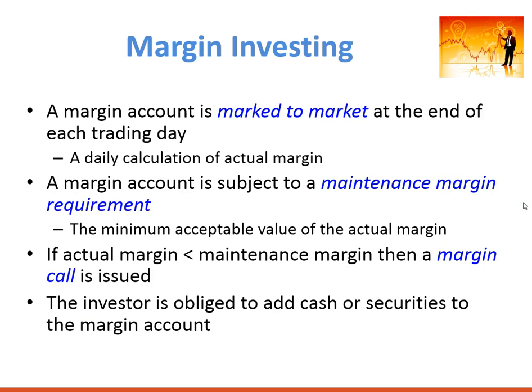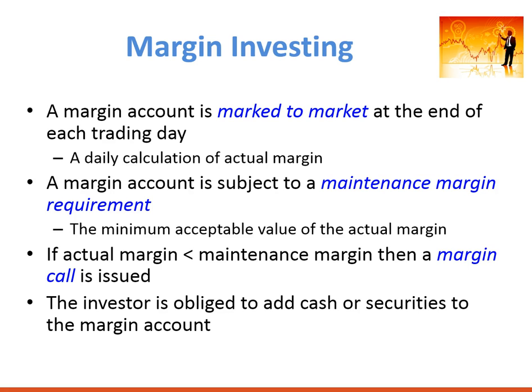Now, how a broker will actually use this margin in order to protect themselves against risk is that the margin account will be marked to market at the end of each day. Basically, what this means is that as market prices of the equity portfolio change, that actual margin will be recalculated on a daily basis.